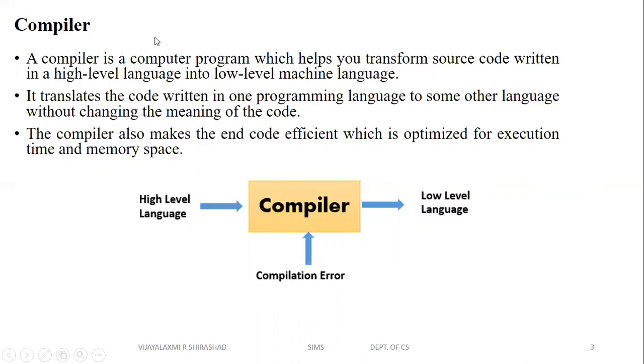A compiler is a program which helps you transfer source code written in a high level language into low level machine language. Whichever program you write in a higher level programming language will be converted into machine level language, which is called low level language.